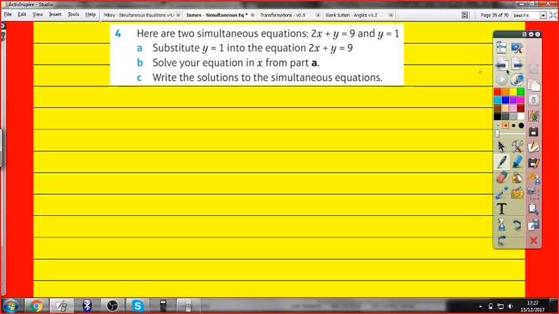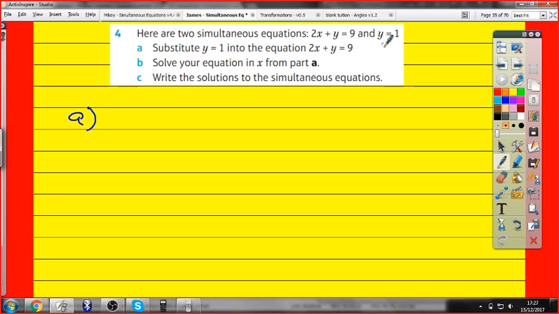Okay, let's try this one. So simultaneous equations, 2x and y equals 9. Well, you've got to substitute y equals 1. I do not know how to substitute numbers in.